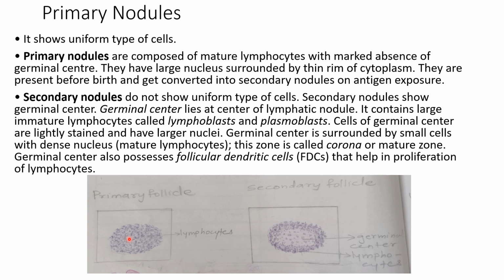They are present before birth, and then after getting exposed to the antigen, the primary lymph nodule is converted into a secondary lymph nodule. So the primary lymphatic nodule is mainly formed by mature lymphocytes which have a larger nucleus and are densely packed. Then this is the secondary lymphatic follicle.